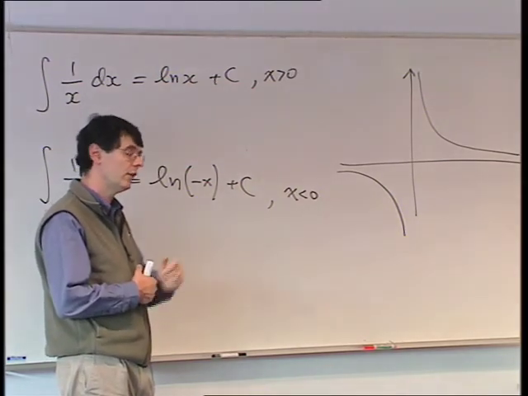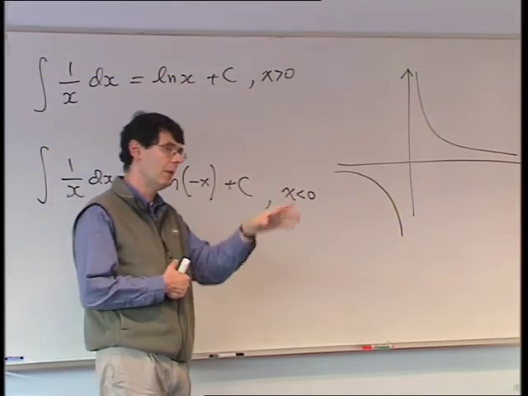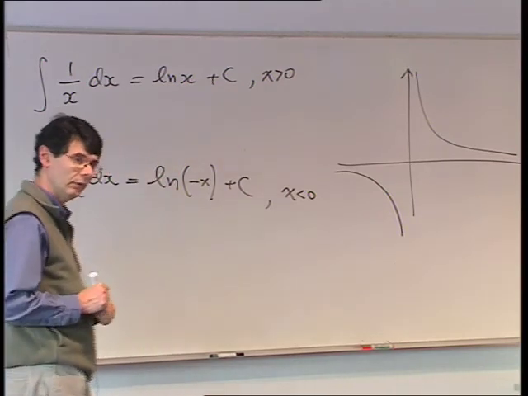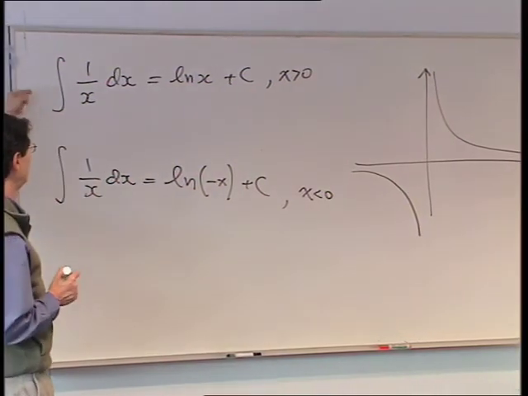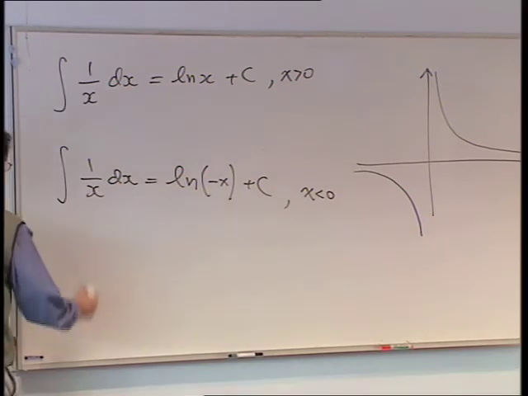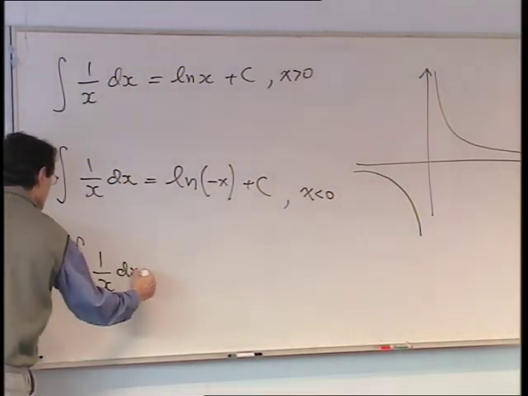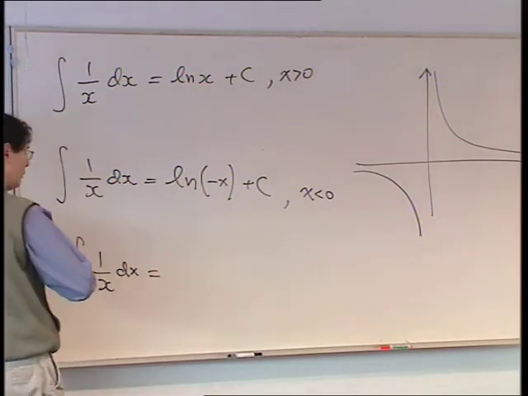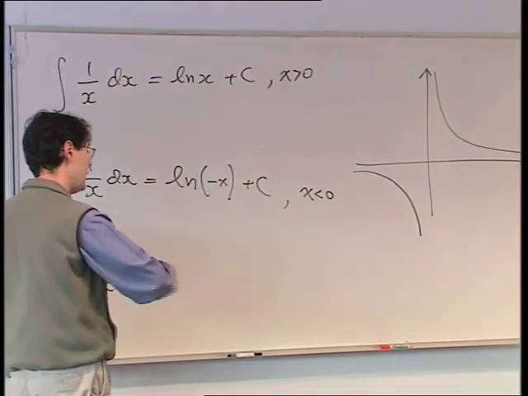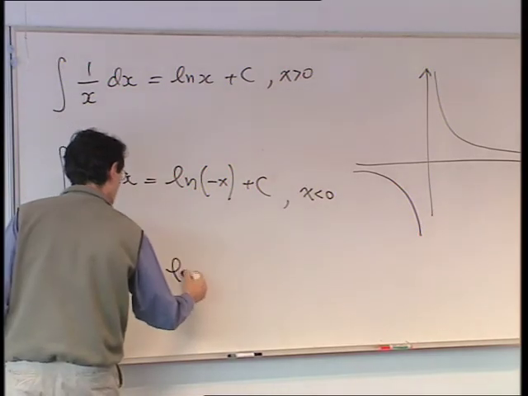And what you're going to see in your book, and in any maths book, or engineering for that matter, is the two formulas combined like this. A formula that works for x positive and for x negative at the same time.